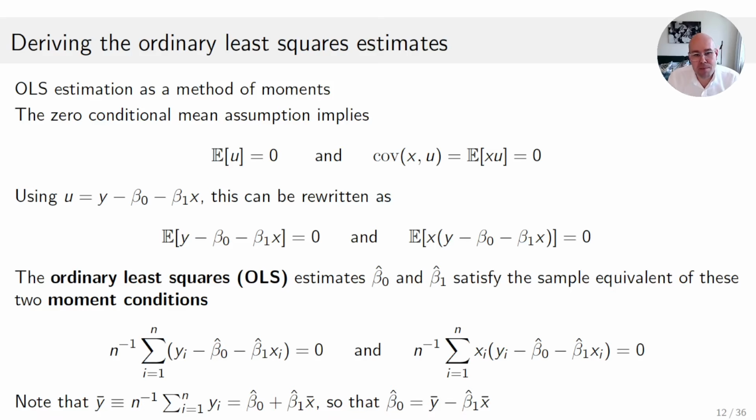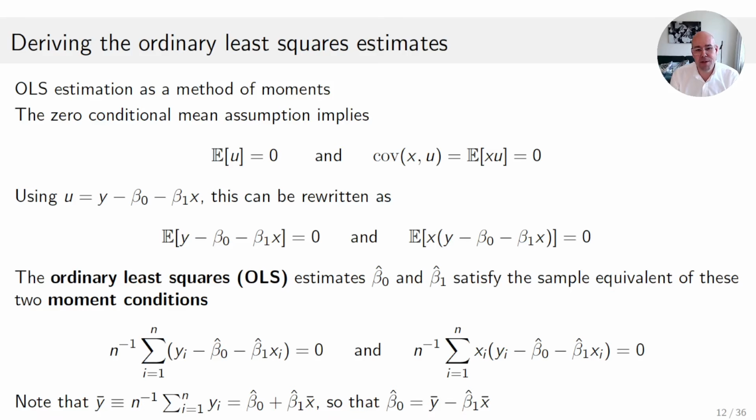Now, towards doing that, let's derive the ordinary least squares estimates of beta naught and beta 1. Let me already tell you now that I will explain afterwards why this is called ordinary least squares, because this is not obvious from the very beginning.